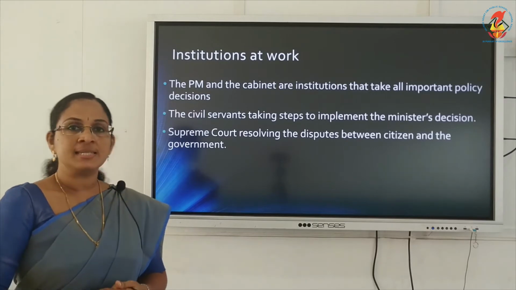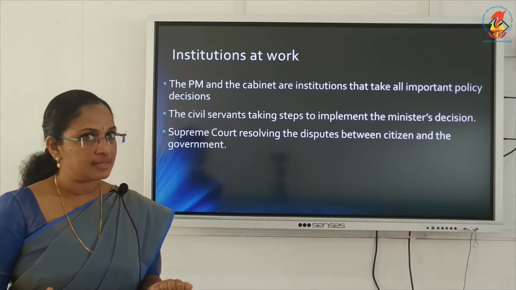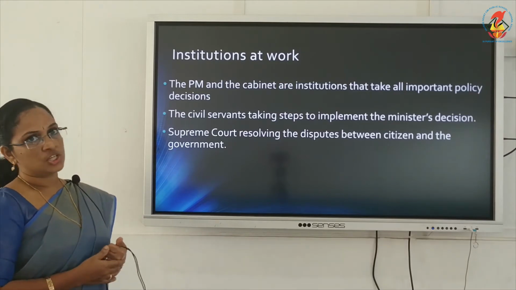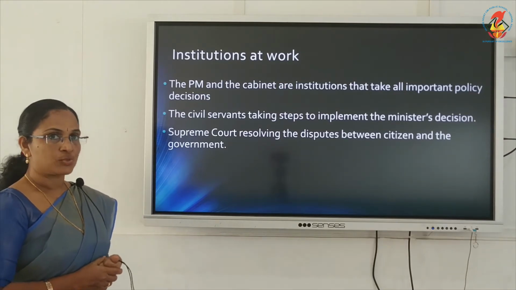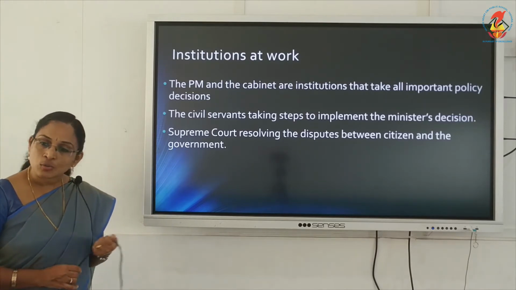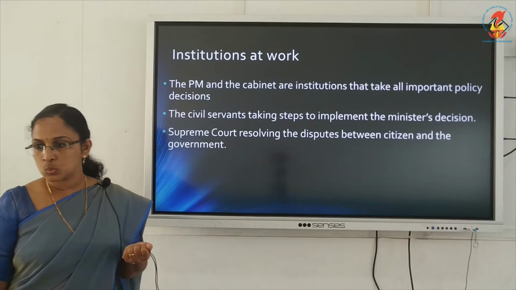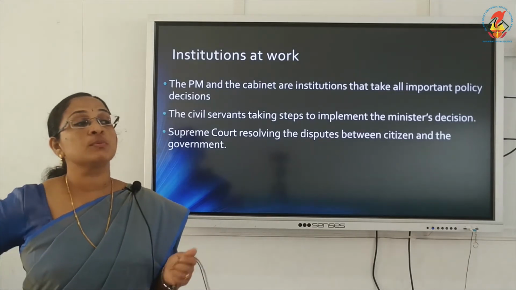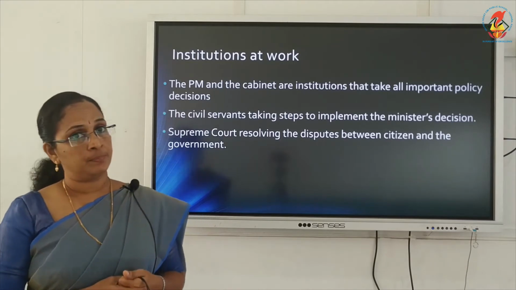Civil servants in India, or in any country, implement the ministers' decisions. And coming to the last institution, that is the Supreme Court, for resolving conflicts or disputes between citizens and the government, and between two state governments.